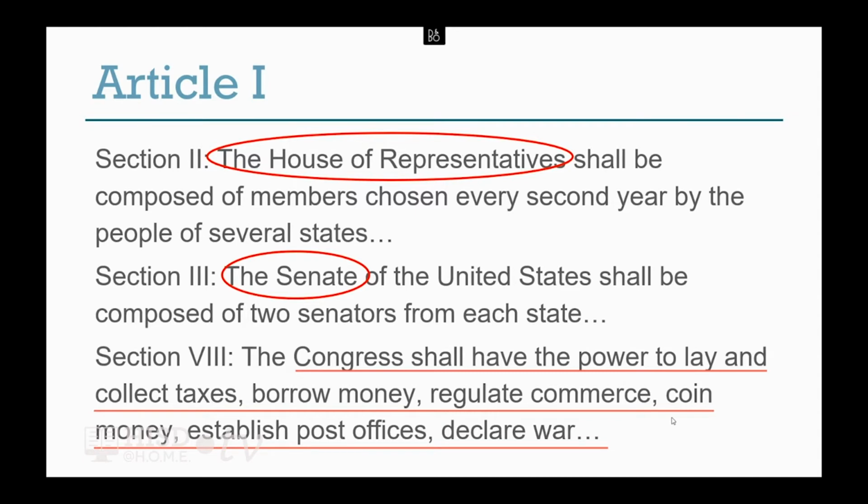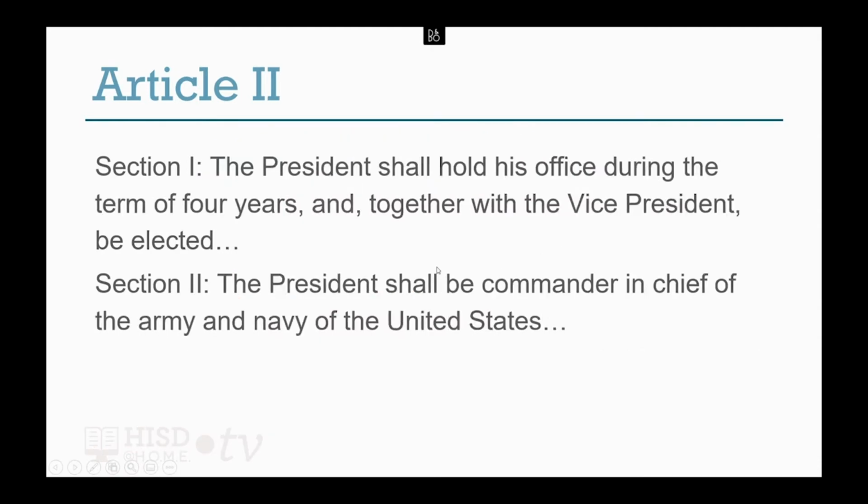All right? Okay, let's go ahead and try the next part of the Constitution. So this is Article 2. I'm going to read it aloud and then give you guys some time to figure out which branch is being discussed and how it reflects separation of powers. All right, Section 1. The President shall hold his office during the term of 4 years and, together with the Vice President, be elected.